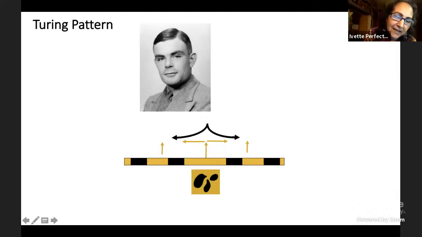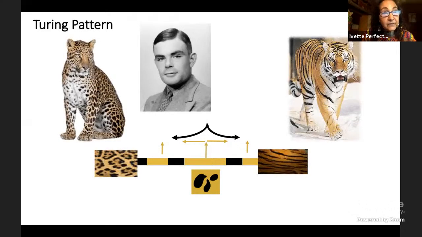And so this figure here comes from Turing's original paper, and this is what's generated with his equations. Essentially this results in spots like the spots of the leopard, or stripes like the stripes in a jaguar, no?